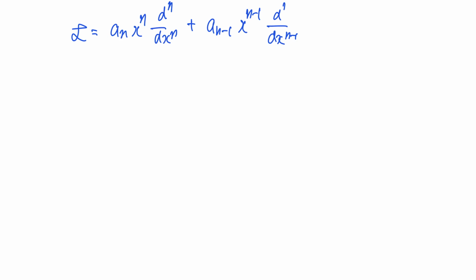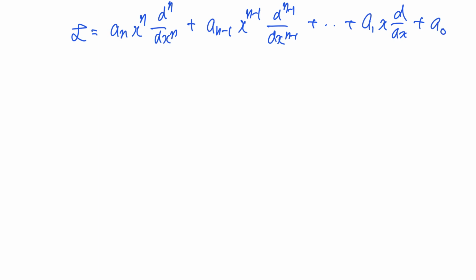And L is given by, oops. Another case is the following form. L is given by a_n x^n d^n/dx^n plus a_(n-1) x^(n-1) d^(n-1)/dx^(n-1) plus ... plus a1 x d/dx plus a0.